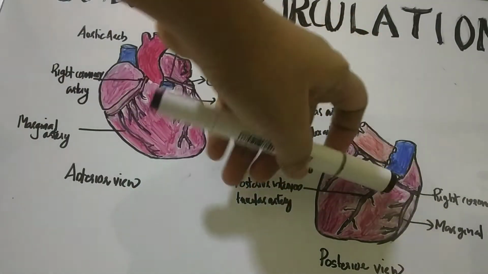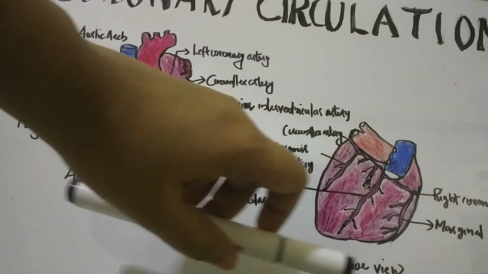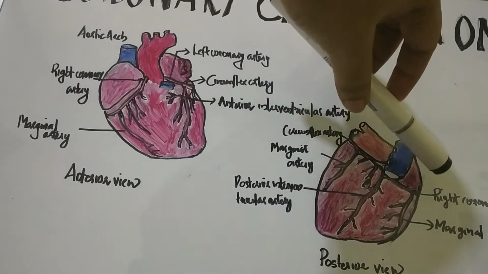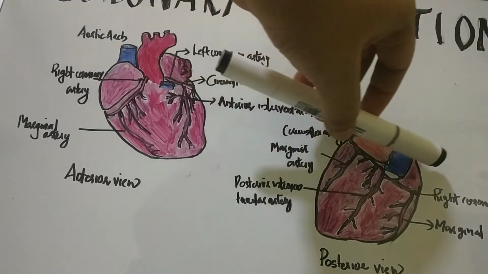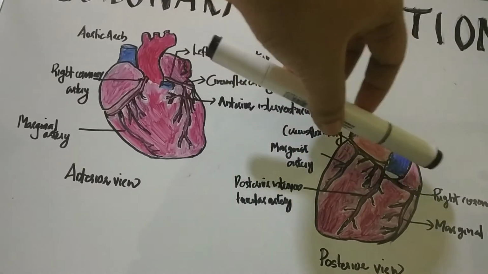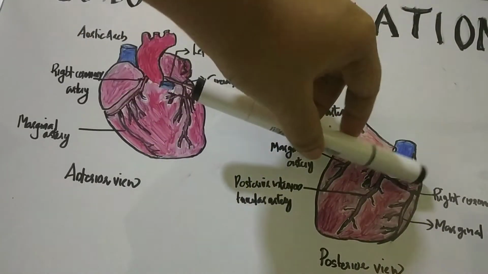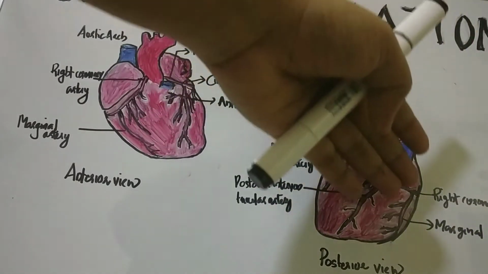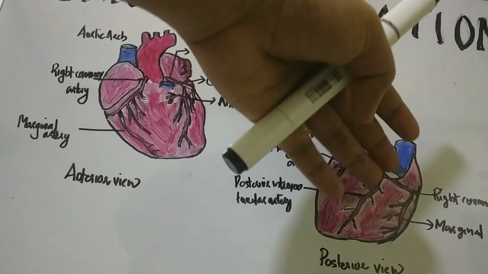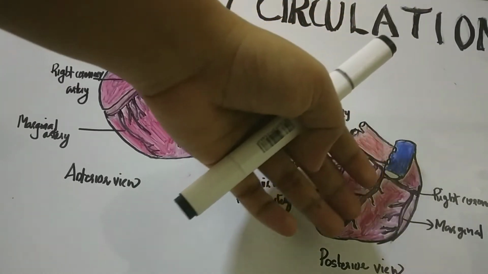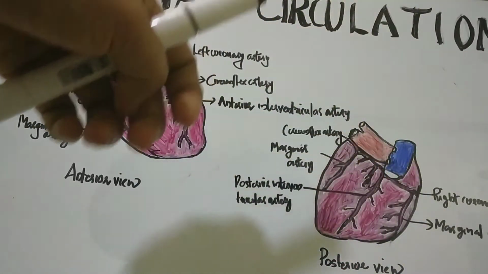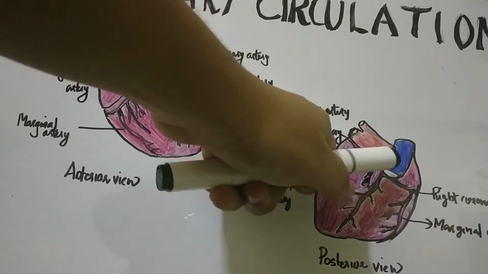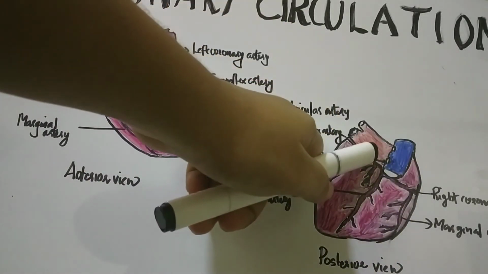In this figure, I have drawn the posterior view of the heart. Here you can see that the right coronary artery winds around the inferior border and reaches the diaphragmatic surface of the heart, and here it runs backwards and to the left to reach the posterior coronary sulcus and the posterior interventricular sulcus, and it terminates by anastomosing with the circumflex branch of the left coronary artery.